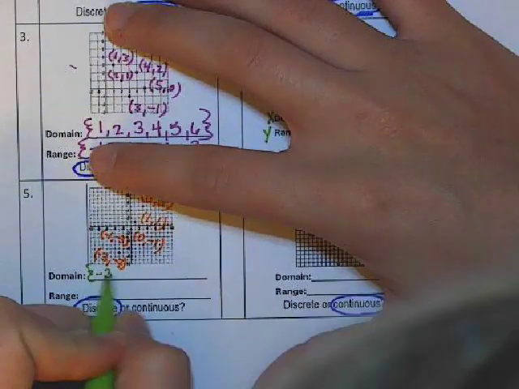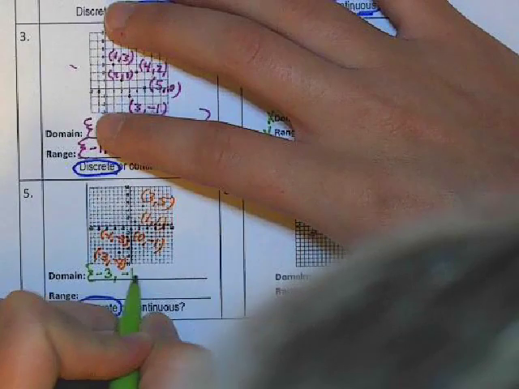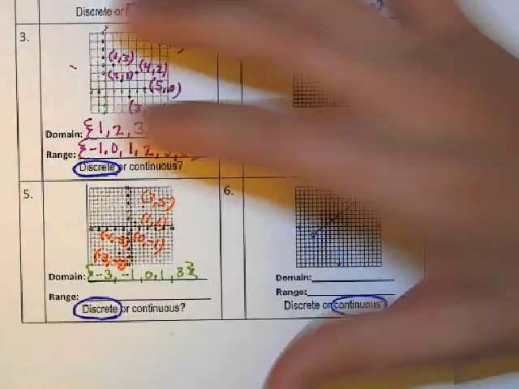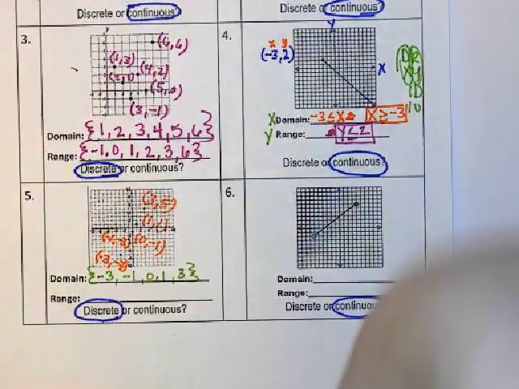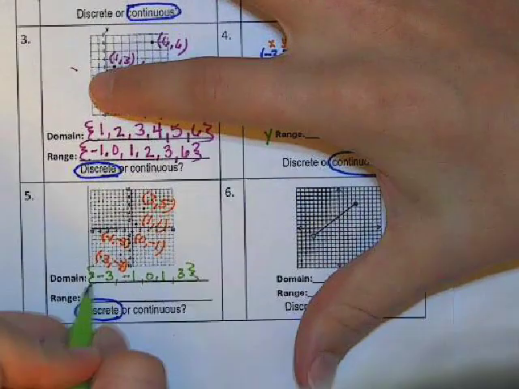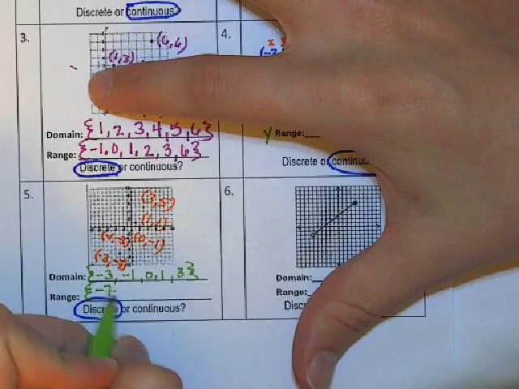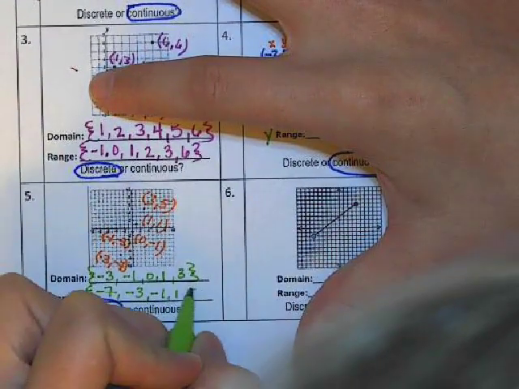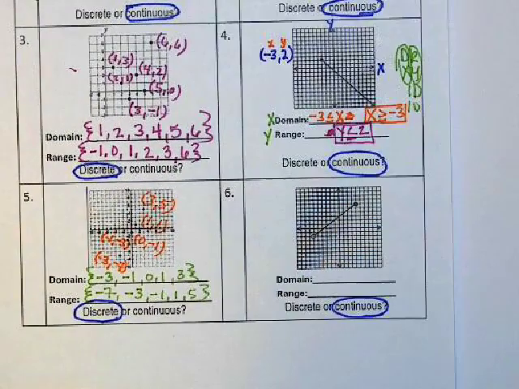Start with this one, which is -3. Then -1, 0, 1, 3. Squiggly line. Then I go to the y's. Squiggly line, -7, -3, -1, 1, 5. Squiggly line.